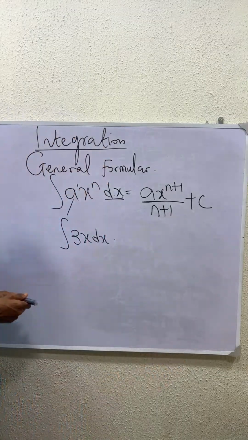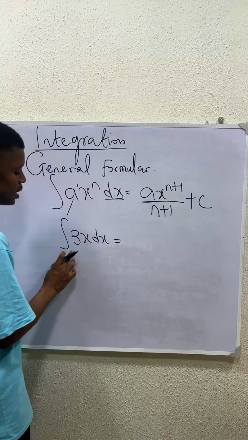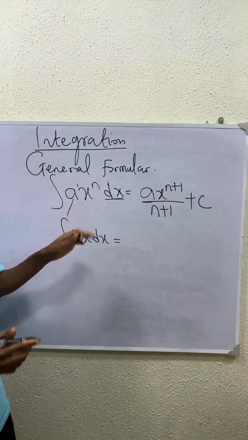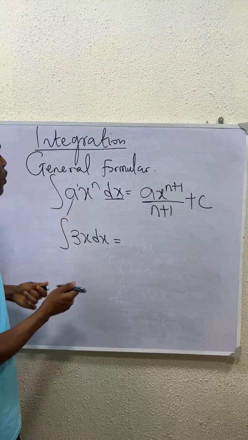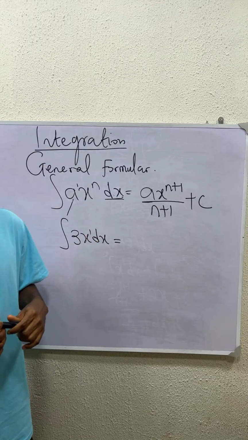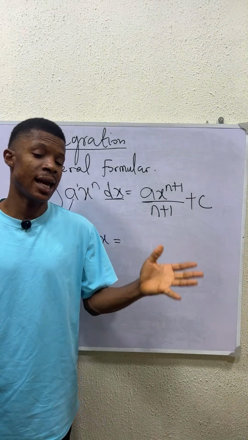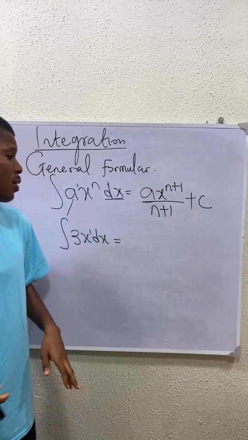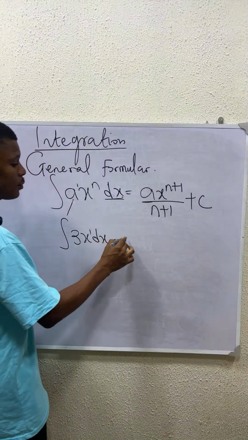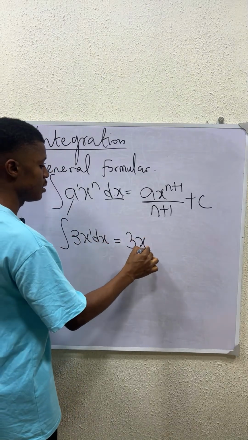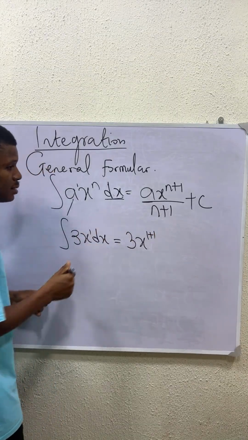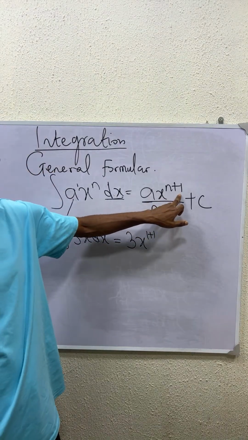When you have to integrate this, it is very simple. This 3 is now a constant, just like the a. x is still the variable, but here you can see that x is just like x to the power of 1. So what do you have? You have 3x to the power of 1 plus 1, and you can see I'm increasing the power by 1.